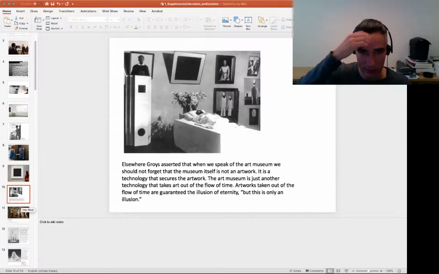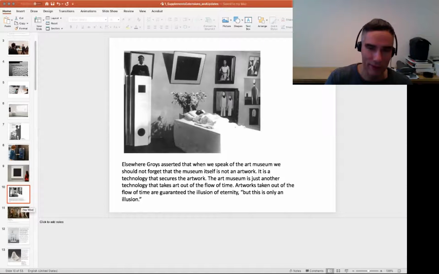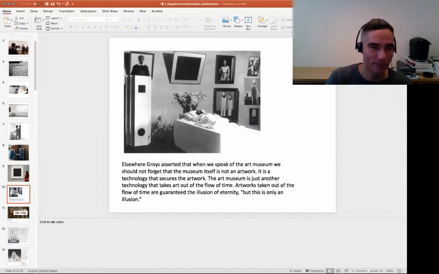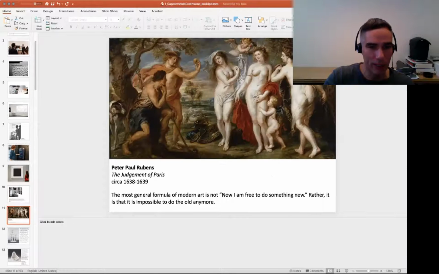And this is the funeral of Kazimir Malevich, where he's laid to rest around his artwork, including the black square, the prominent icon that marks for Malevich the end of historical painting.